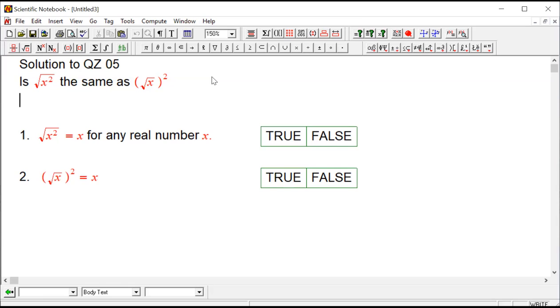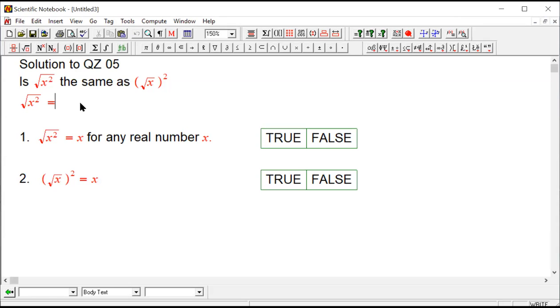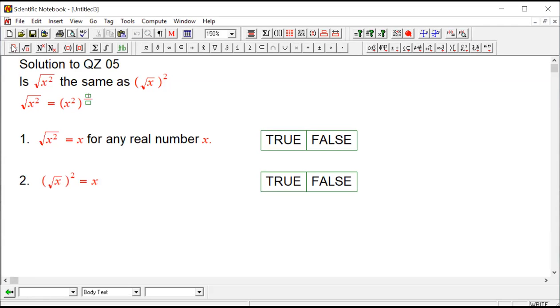Some people have come to me saying, hey, of course, the first one is equal to x squared to the power of half. And so this equals x to the power of 2 multiplied, the multiplication of the exponents, by 1/2, right?